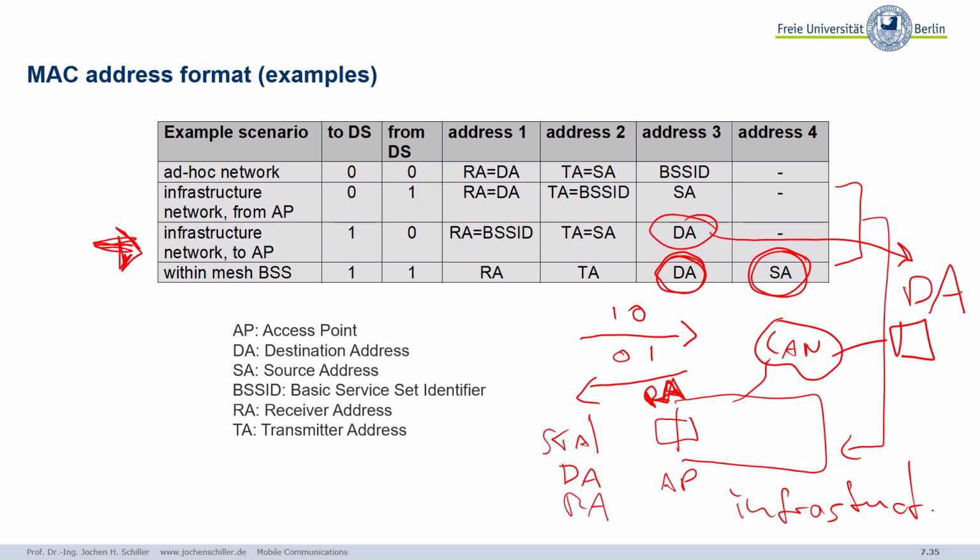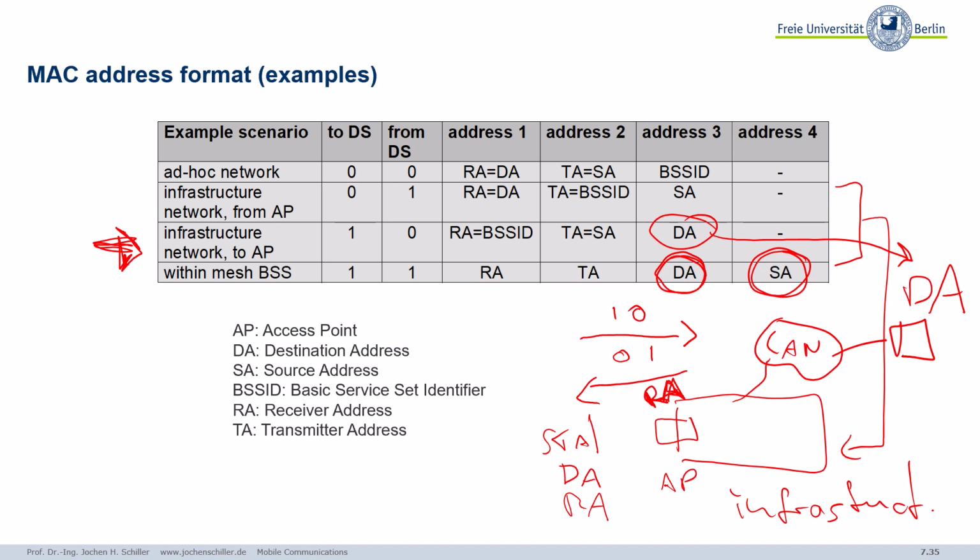That's quite interesting when it comes to this addressing. We distinguish between logical addresses and the addresses we use for the physical reception and transmission of our packets. This is why we can have up to 4 addresses. Usually there are 3 addresses if you have the infrastructure network.